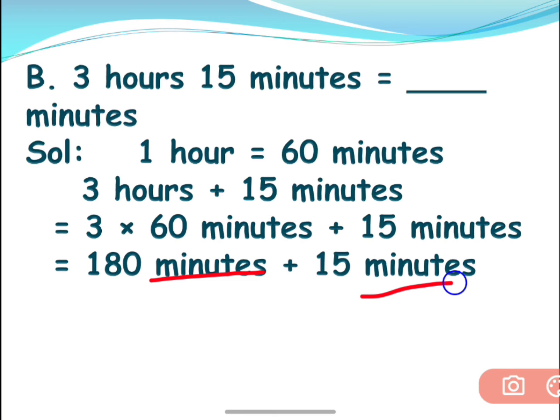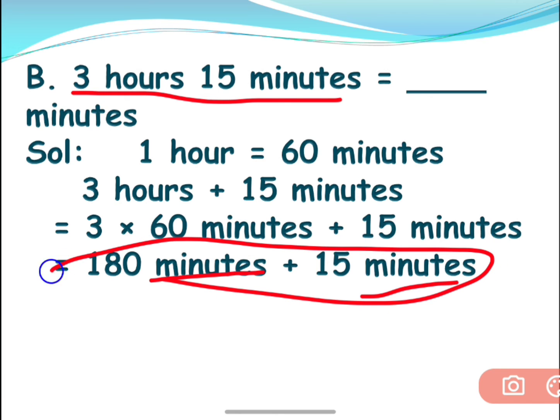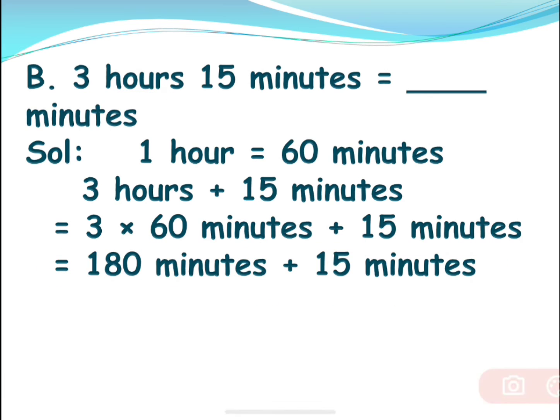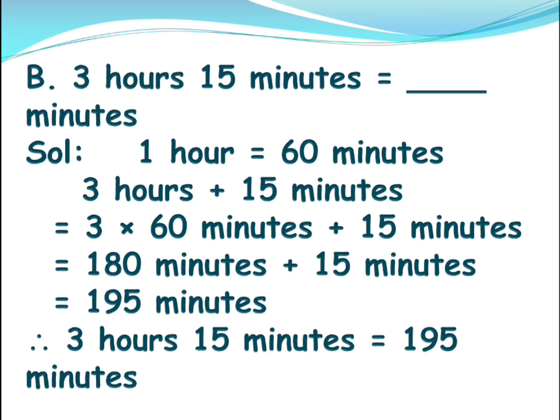That's why we have mentioned 3 hours 15 minutes separately. But here all are minutes only, the same units, so you can simply add them. That becomes 195 minutes. So 3 hours 15 minutes is equal to 195 minutes.